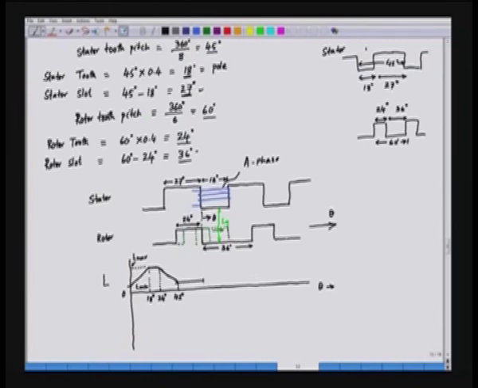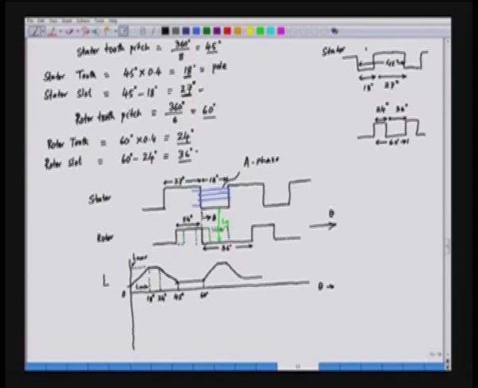And 42 plus 18 is 60, and the same thing will again repeat: inductance rising, then remaining constant, then decreasing, and then remaining constant again.